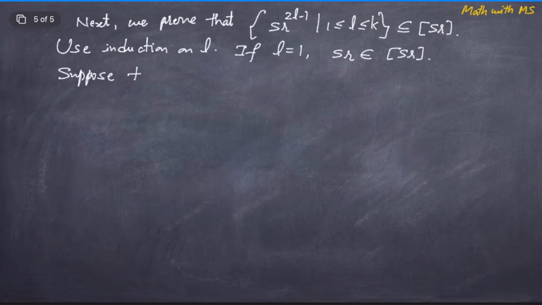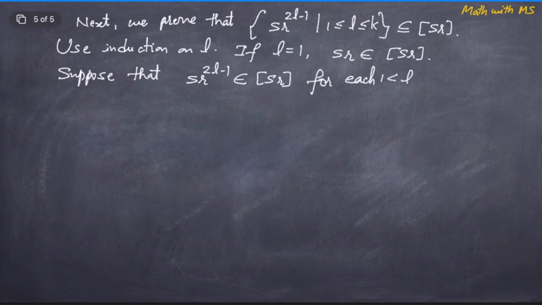Suppose that s r to the power 2l minus 1 is in the conjugacy class of the element sr for each l bigger than or equal to 1 and less than k. We will show it for l plus 1.